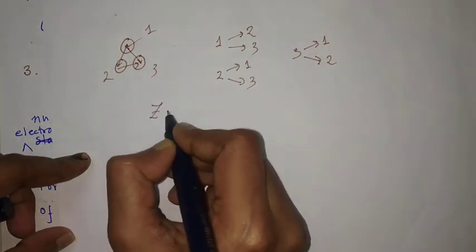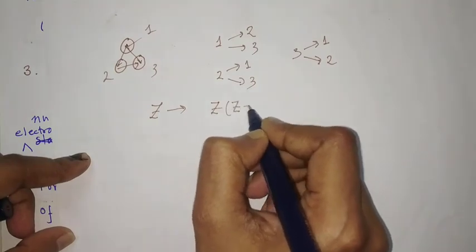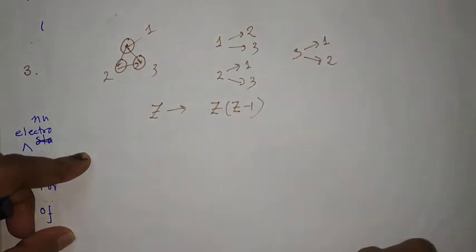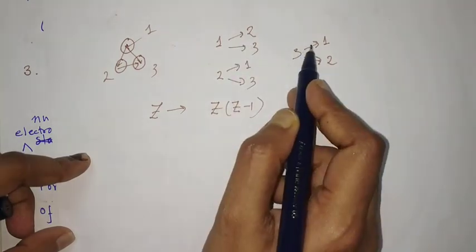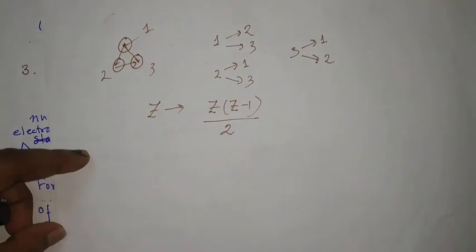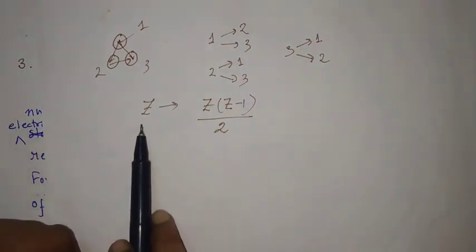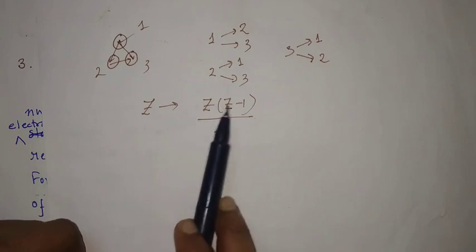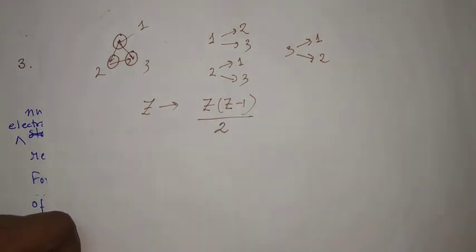Similarly, if there are Z number of protons, there will be a total of Z into Z minus 1, but to avoid the same term repeating again, we will have a factor of 2. So in a nucleus, if there are Z number of protons, then there will be Z into Z minus 1 divided by 2 Coulomb electrostatic repulsive forces acting.